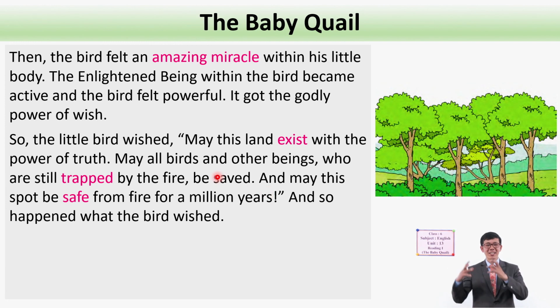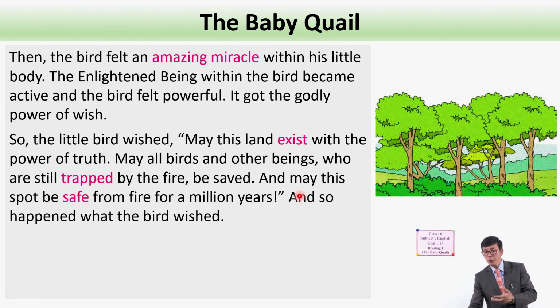Look at his other wish. He said, may all birds and other beings who are still trapped in the jungle by the fire be saved. This was really a good wish for all the other birds who are also trapped in the jungle like him. He wished them all to be saved.